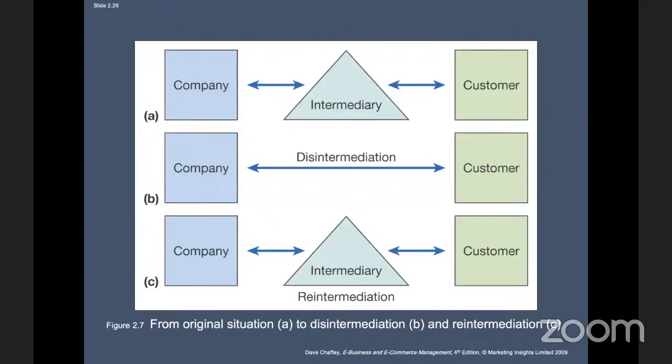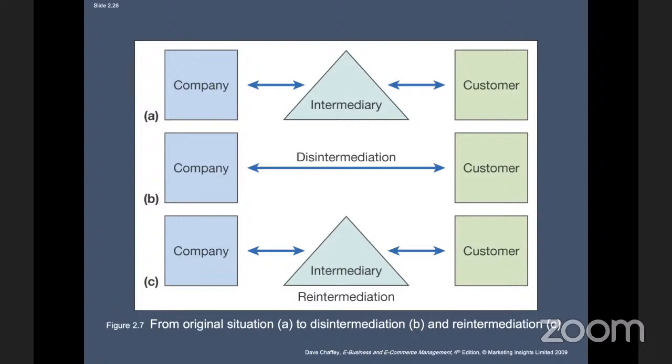Now here is figure 2.7, from original situation A to disintermediation B and reintermediation C. Now, A: company to the intermediary and then to the customer. B: company, disintermediation, and directly dealing with the customers.